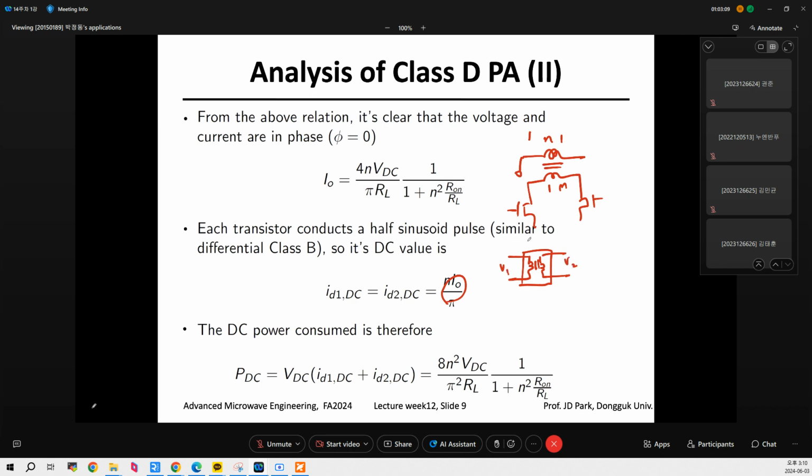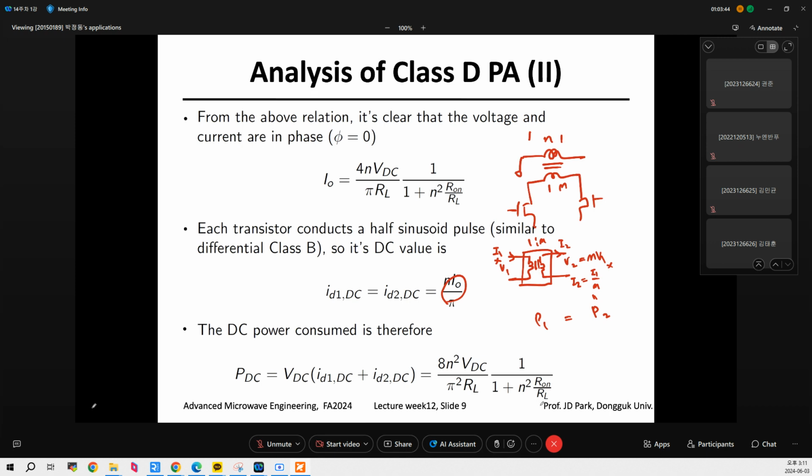So, for example, let's say this is V1, V2, and this is a 1 to n. Let's say this is lossless. Then voltage is scaled up, so it becomes V1, and the current has to be scaled down. Let's say this is I1. Then I2 must be I1 divided by n, otherwise we don't meet power conservation.